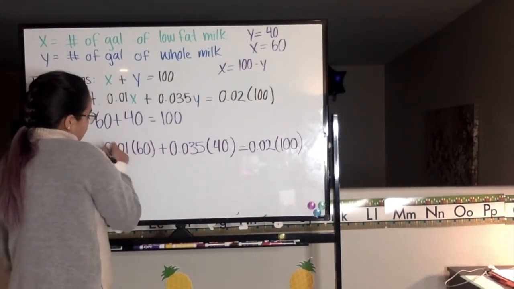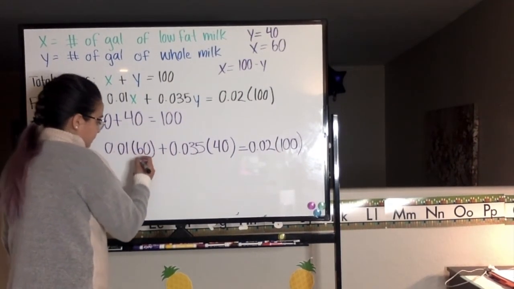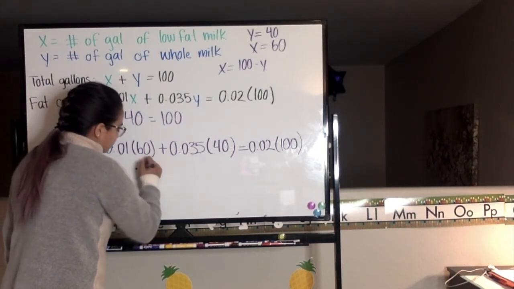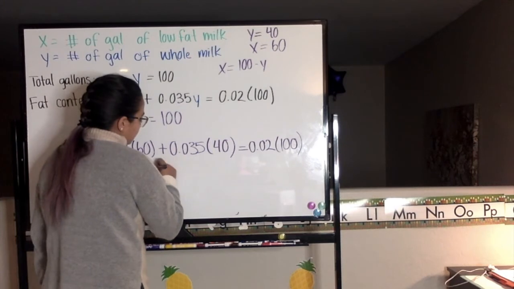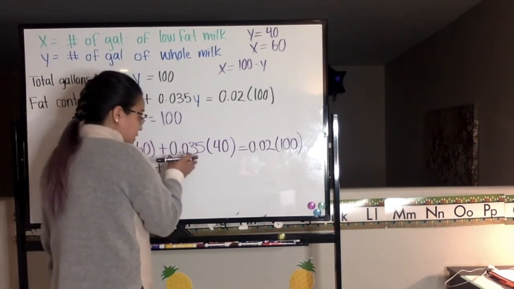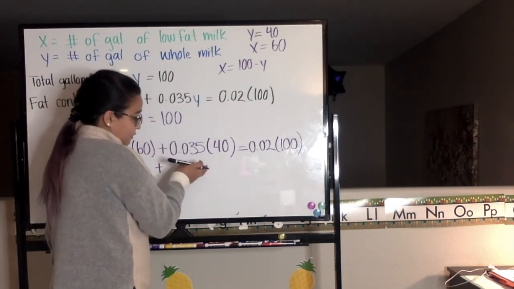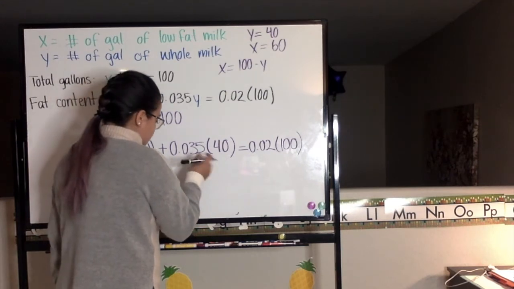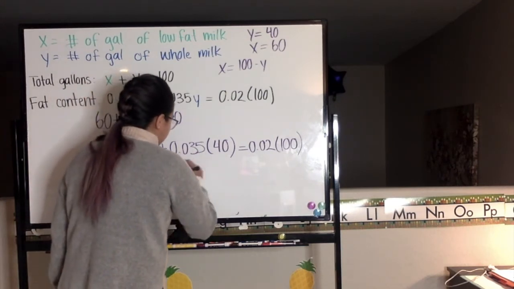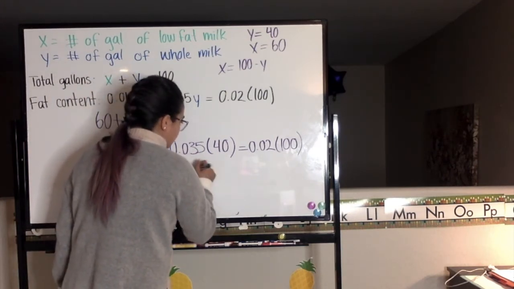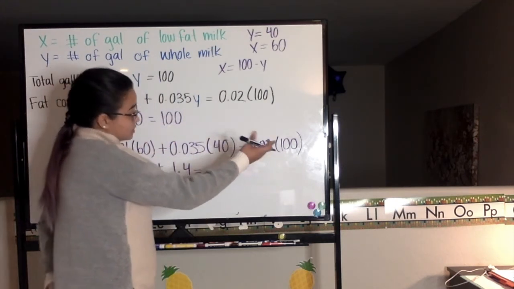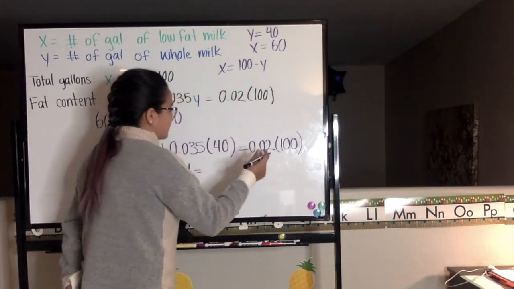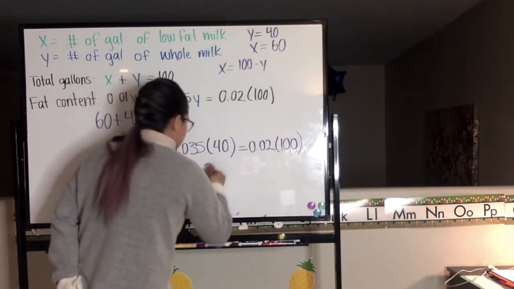When we multiply 0.01 times 60, our answer is 0.6, plus, and when we multiply 0.035 times 40, our answer is 1.4, which is equal to, and we know that 0.02 times 100 is equal to 2.